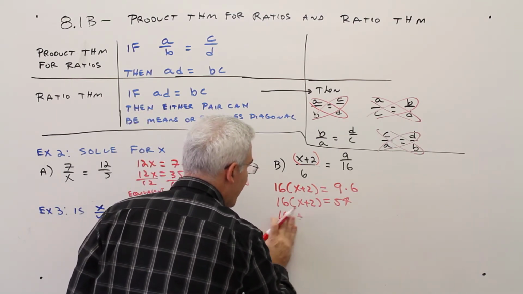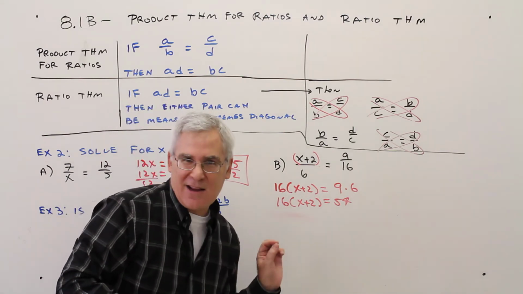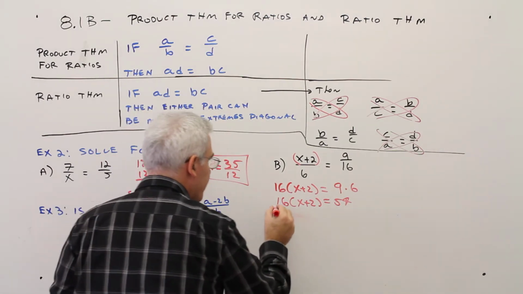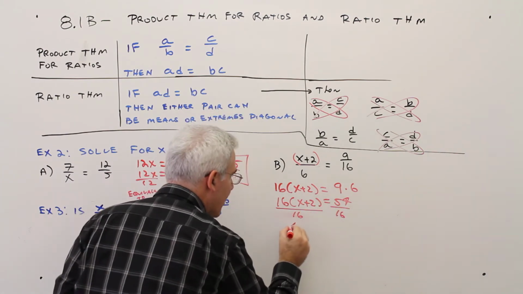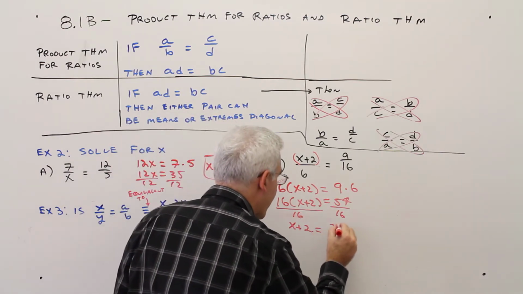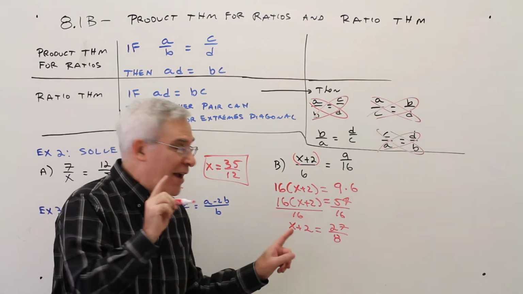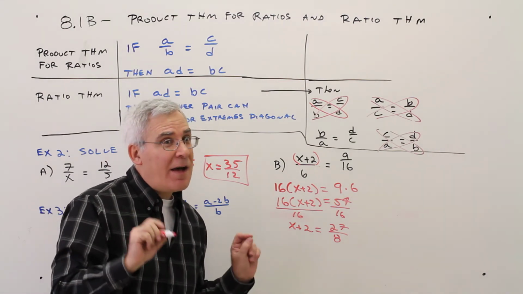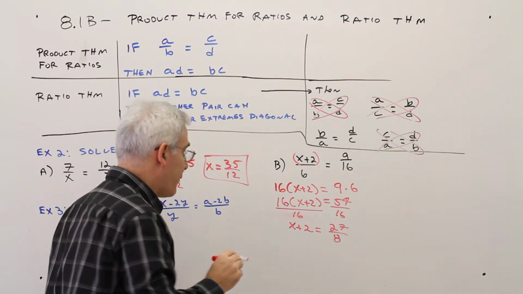Instead of distributing there, let's just divide each side by 16. Divide by 16, divide by 16. X plus 2, that could be reduced to 27 over 8. Now, instead of subtracting 2 from each side, I'm going to subtract 16 over 8 from each side, if you catch my drift there.